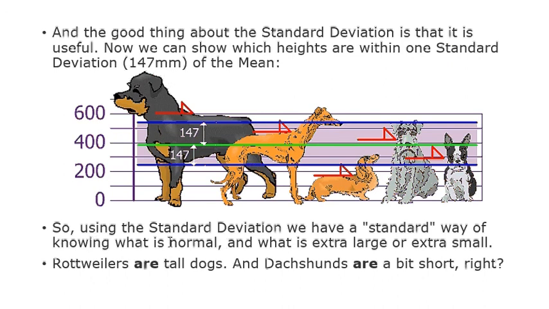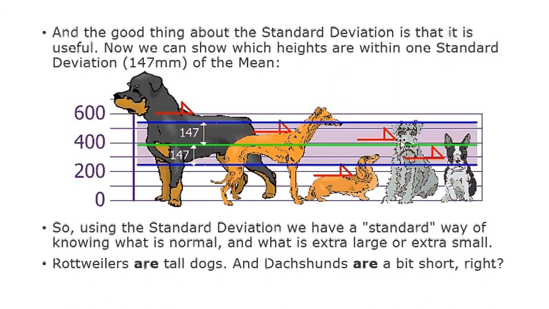So, using the standard deviation, we have a standard way of knowing what is normal and what is extra large or extra small. As we can see in the picture here, a normal height is actually the second dog, because it is within the range of positive 147. So it is a normal height.